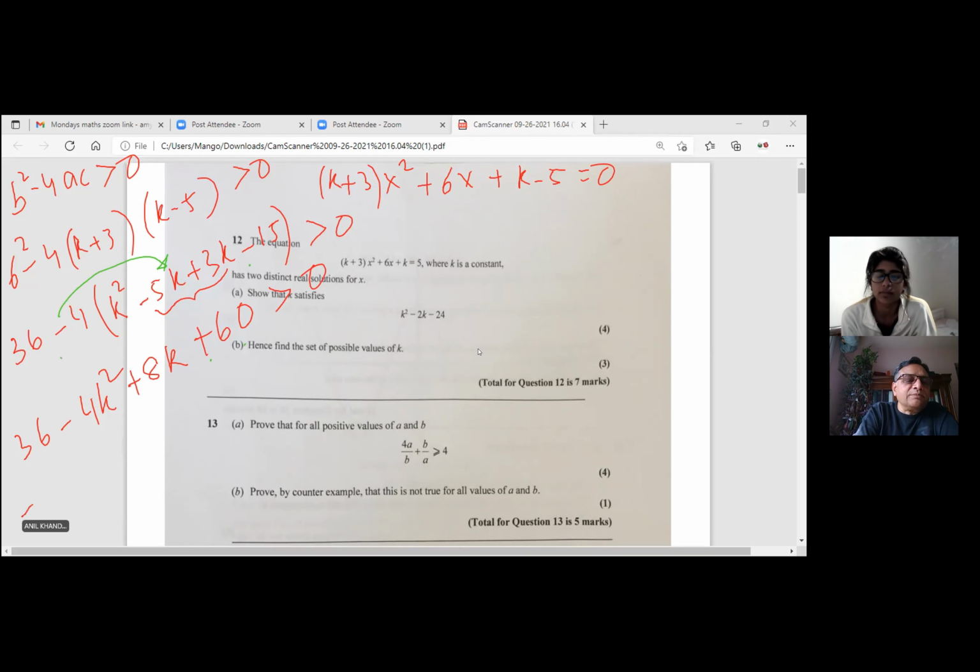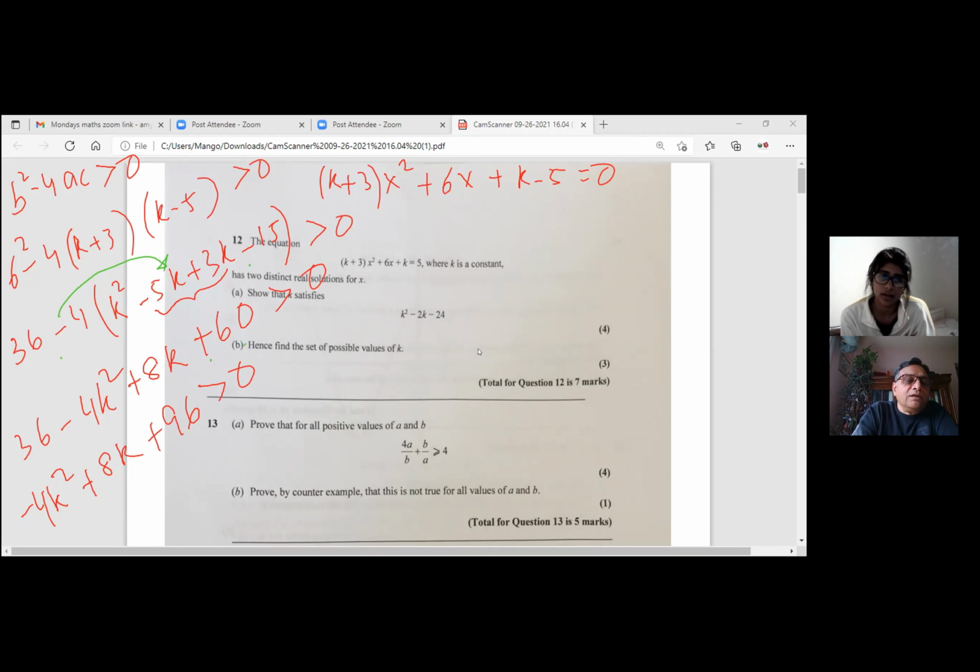So we can write this as minus 4k squared plus 8k, and 36 plus 60 is 96, greater than 0. This will show that k satisfies this part. Okay. So we can factor out minus 4, right? When you factor out minus 4, the sign will become less than.